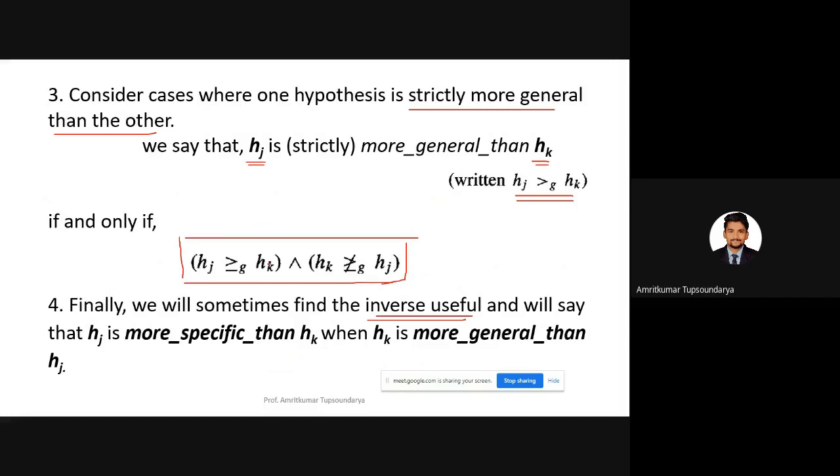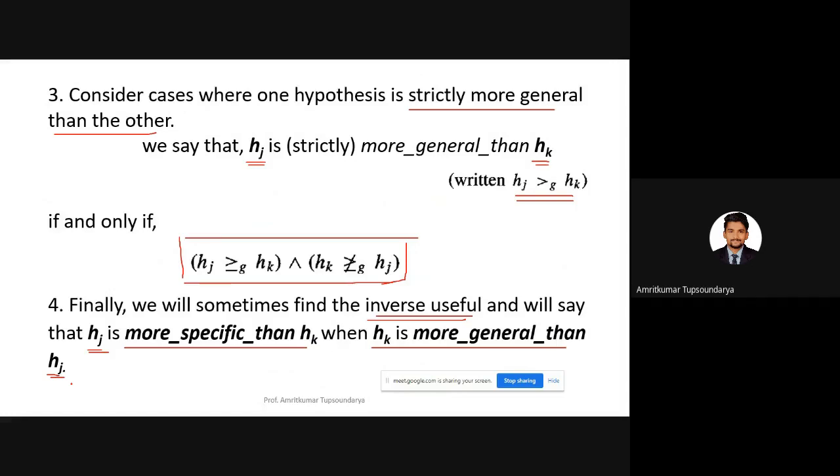So the inverse can also come in handy. Let's say hypothesis Hj is more specific than Hk when Hk is more general than Hj. Simple fact. Hj can be more specific than Hk when Hk is more general than Hj. Simple, right?